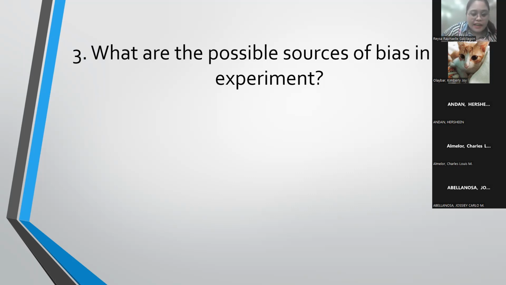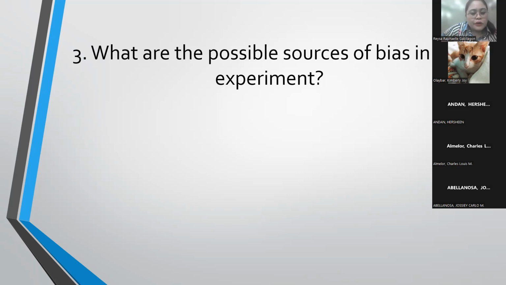So, pwedeng kaya yung sabi niyo kanina, for a researcher kasi, pwedeng yung researcher themselves may be the source of bias kasi like, they want to achieve something, so they may tamper the result, or pwede ding the researcher is not really knowledgeable on how to handle, example, the laboratory animals, or even the equipments that they have to use.